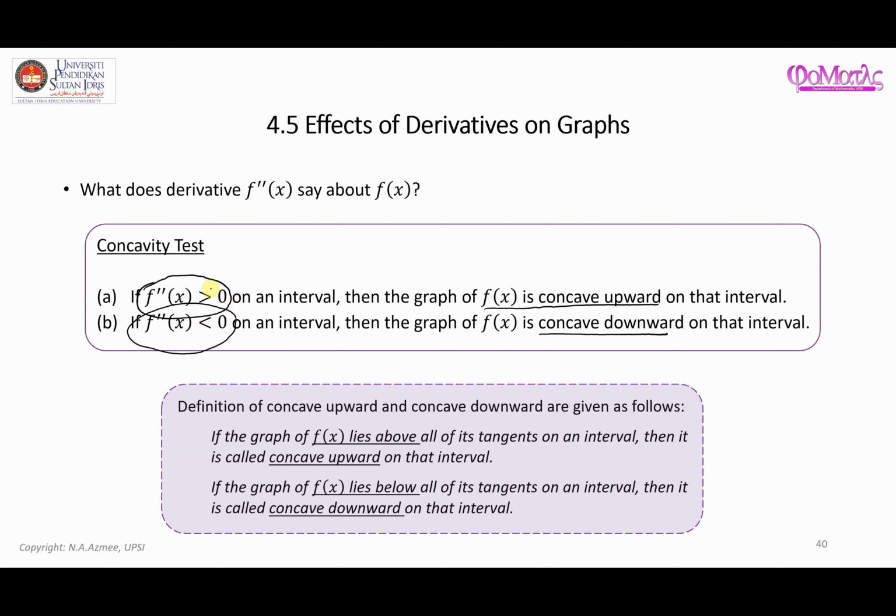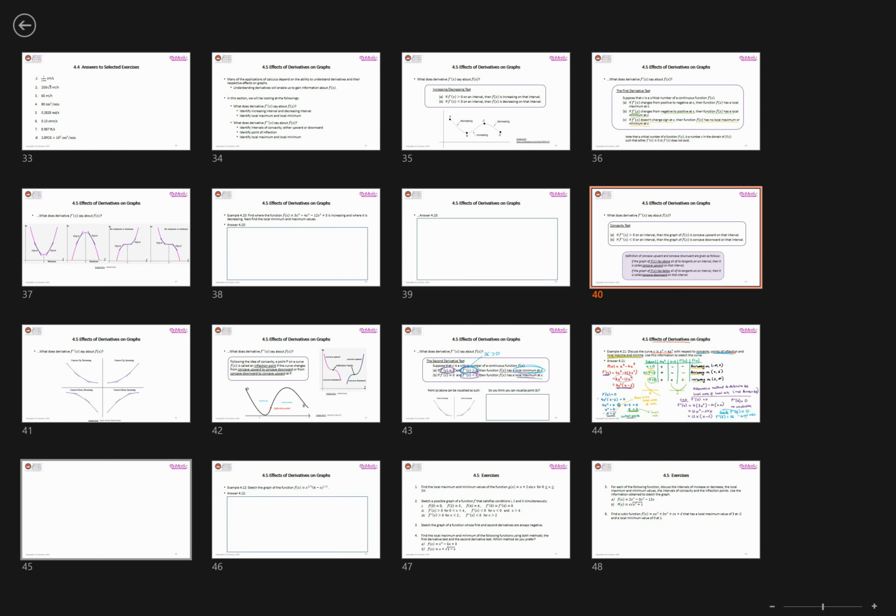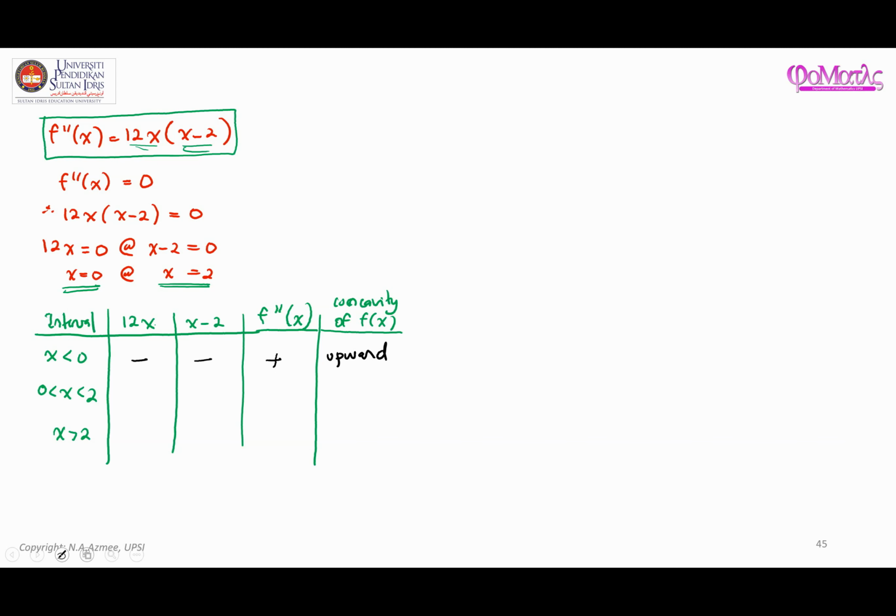So greater than 0 means it has a positive sign, less than 0 means it has a negative result. Positive and negative value. So back to this table that we have here. Since this is going to be negative value, this is also negative value, then the result is going to be positive value. Therefore, the graph of f(x) is concave upward.